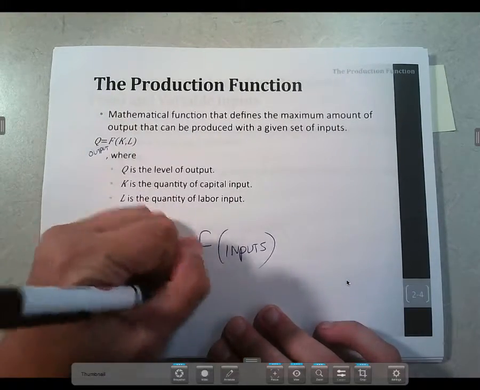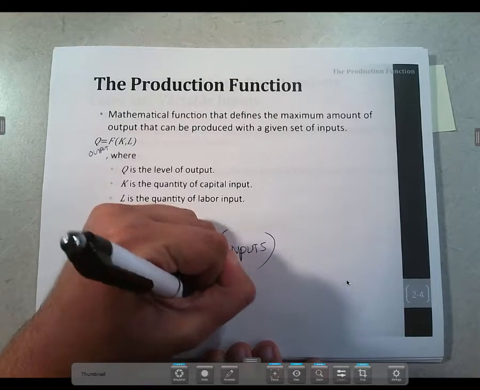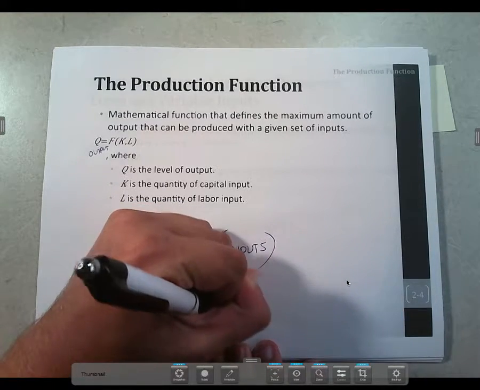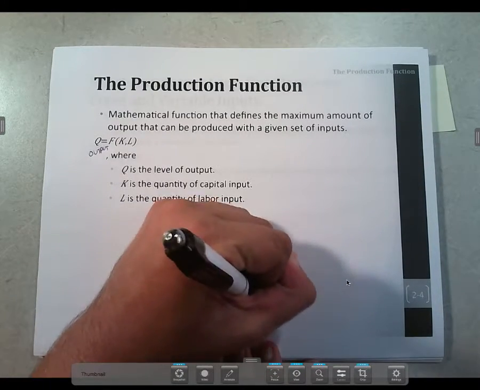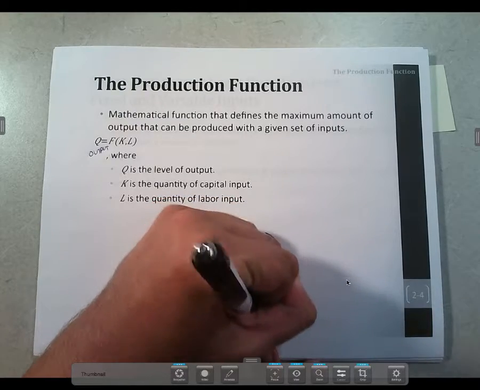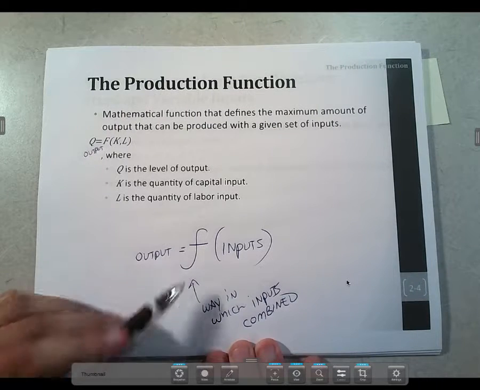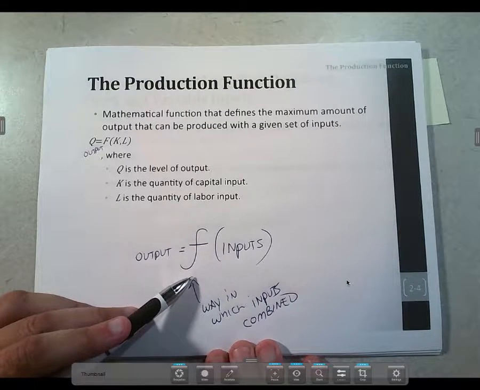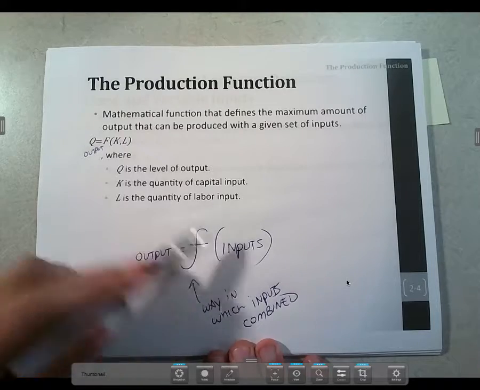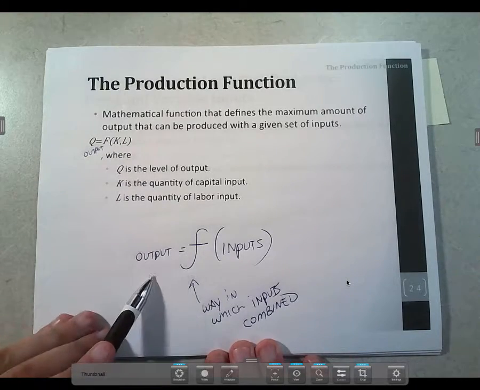And when we say function of, we mean the way in which inputs are combined. What is that? That would be technology, that would be processes. There's a way in which the two inputs, capital and labor, are combined to make an output.